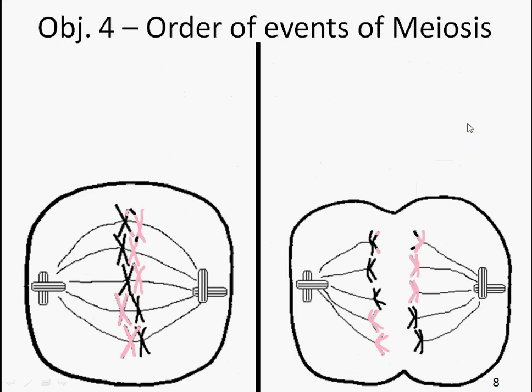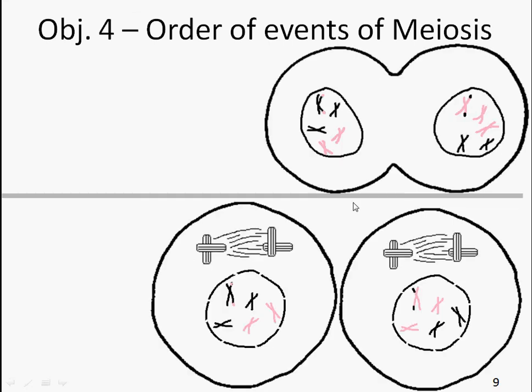So here are the phases of meiosis that we're not going to go through in detail in this video, but you can see, kind of like mitosis, they're going to line up in the middle. However, now they're lining up 2 by 2. During anaphase, they're going to separate from each other, just like in mitosis, but since they are lining up 2 by 2, they're going to separate just how they lined up. And then during telophase, again similar to mitosis, but now you can see the genetic variation that exists because of crossing over that took place during prophase 1.